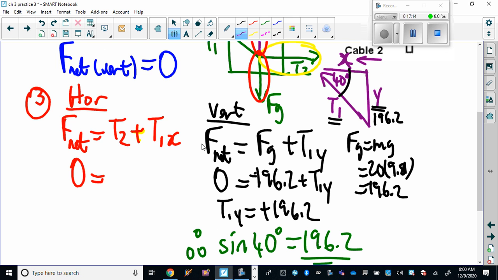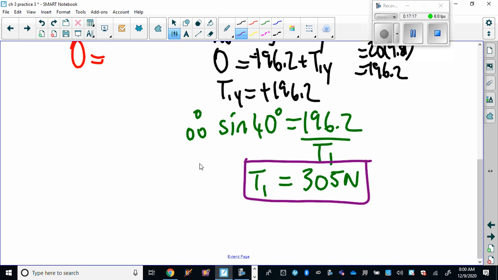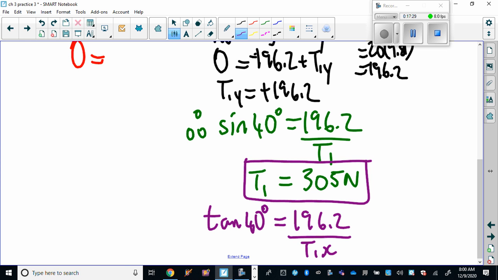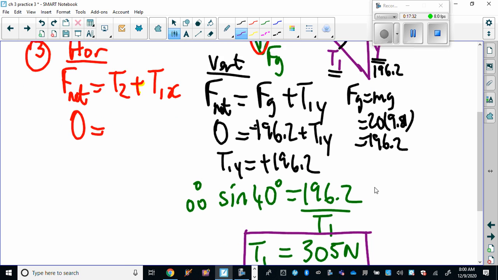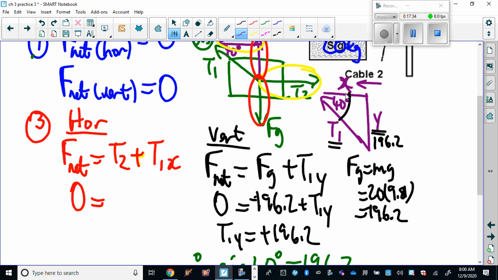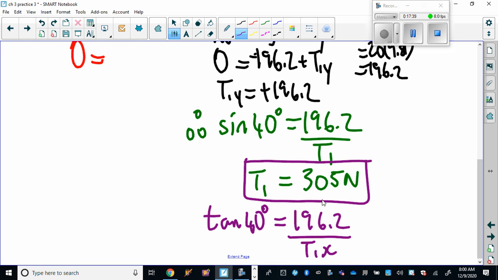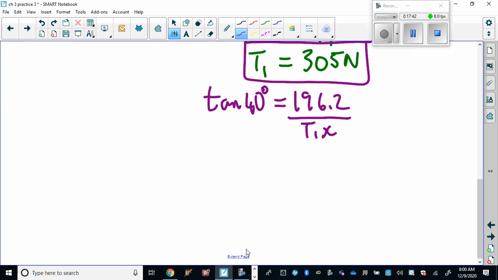We're going to say that the tangent of 40 degrees equals the opposite, which is 196.2, divided by the adjacent, which is T1x, the horizontal component right up here. As I said, we could have used cosine with T1, but that would assume that this one's right. So let's do that, and that gives us T1x equals 233.8.